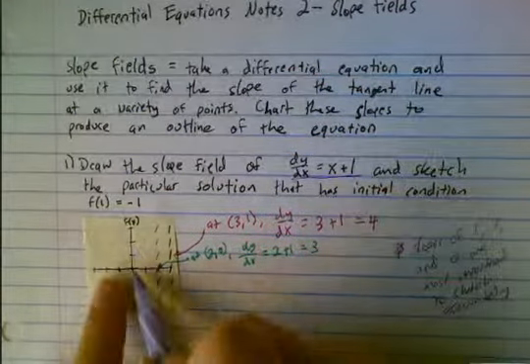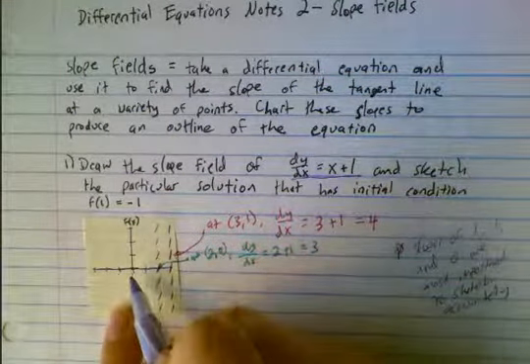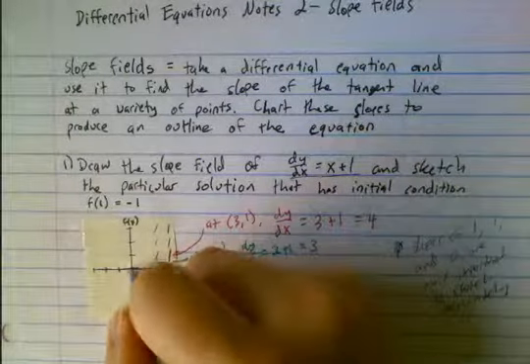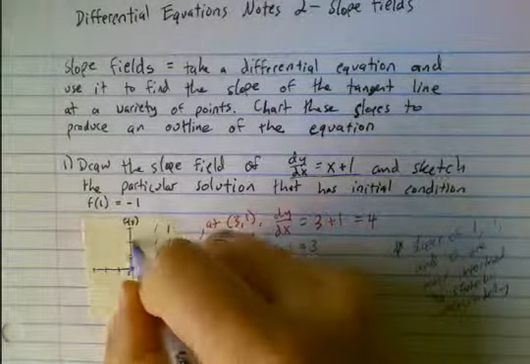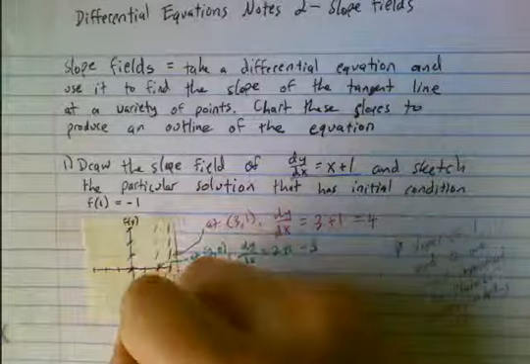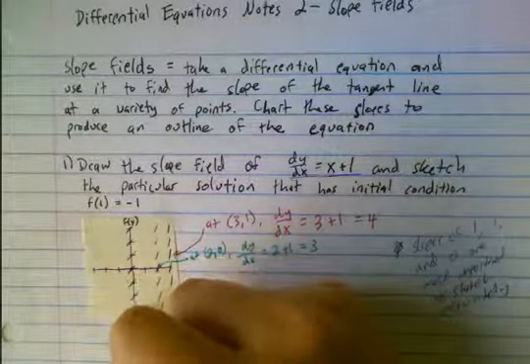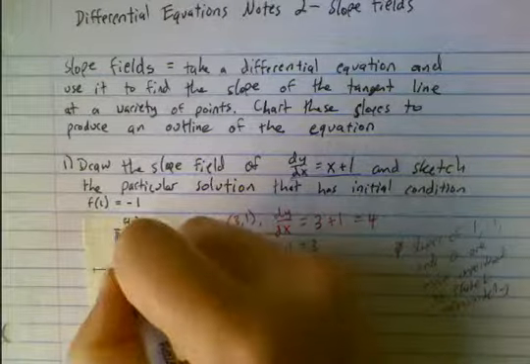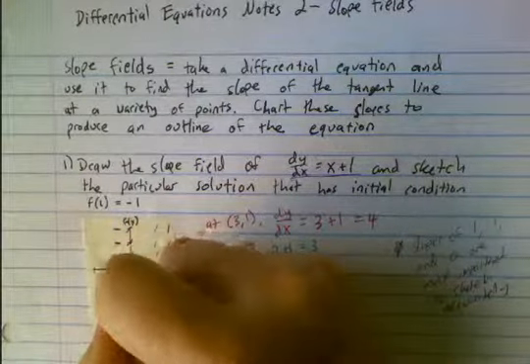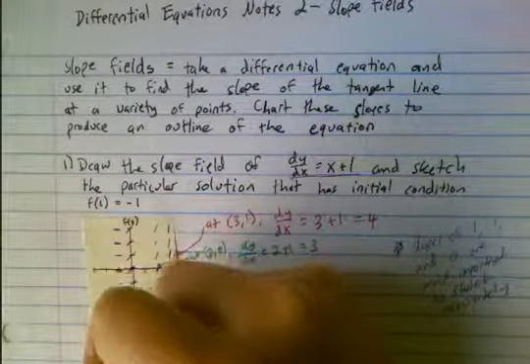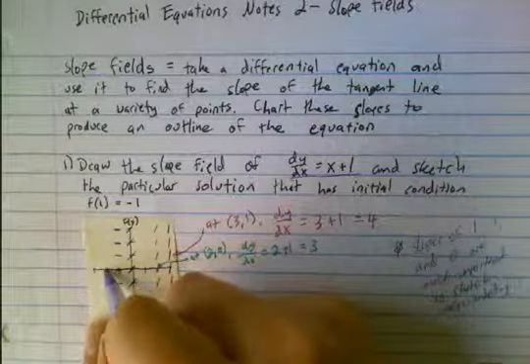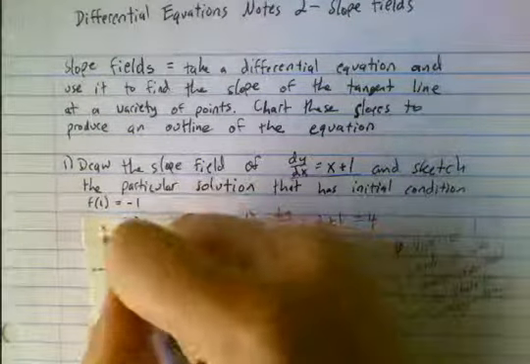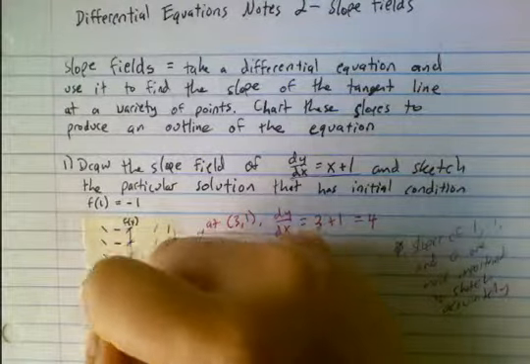So for example, when x equals 0, 0 plus 1 is 1, so that should be a 45-degree angle. When x is negative 1, negative 1 plus 1 is 0, so that should be flat. When x is negative 2, negative 2 plus 1 is negative 1, so that should be 45 degrees pointing down.